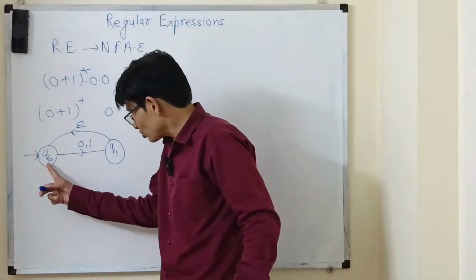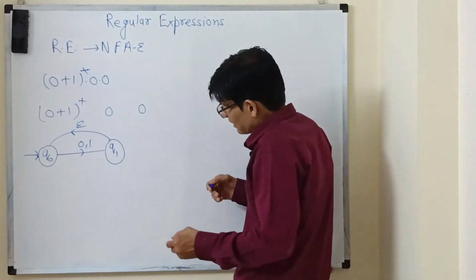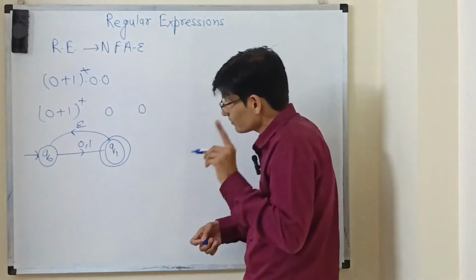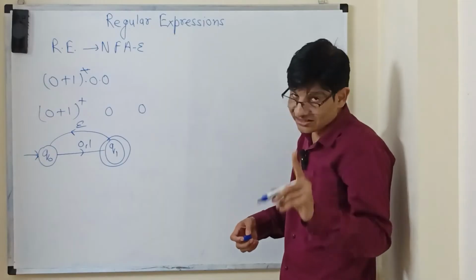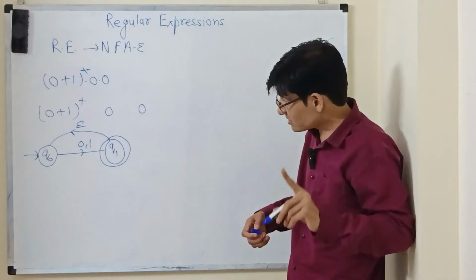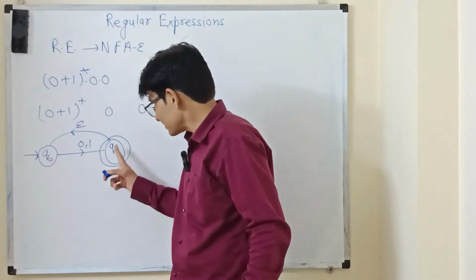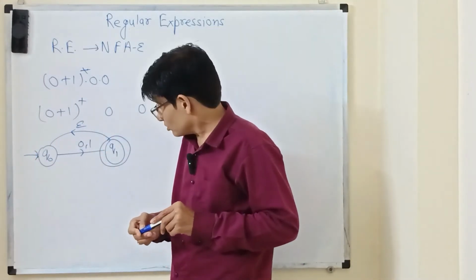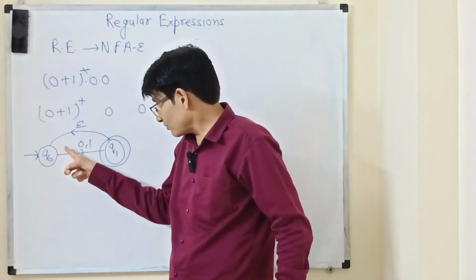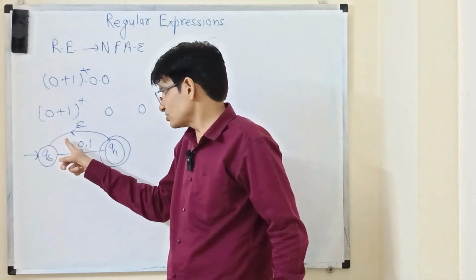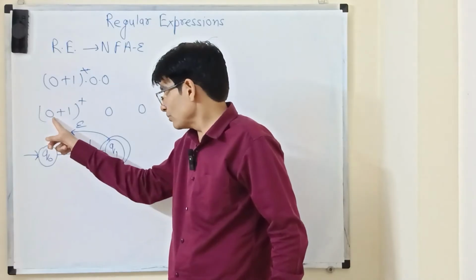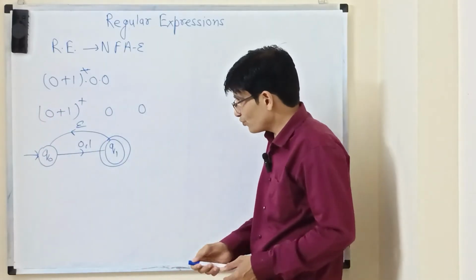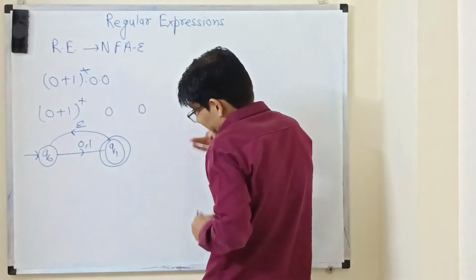If we consider Q1 as the final state, then this machine will accept at least a single 0 or single 1, or it can accept any number of zeros and ones. So the language of this NFA would be the positive closure of 0 plus 1. So for the first part, we have created the machine.